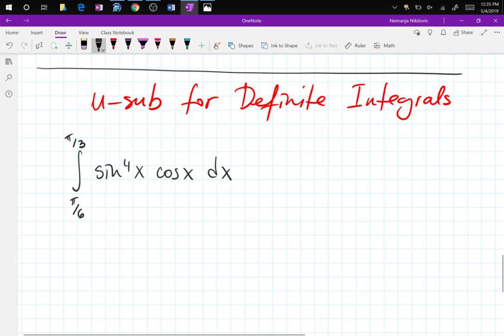When you do u substitution, you are changing all of your x's to u's. Your limits are also x's. So what has to happen there? Common sense. If the u substitution changes all x's to u's, and your limits are x's as well, they need to be changed into u's.